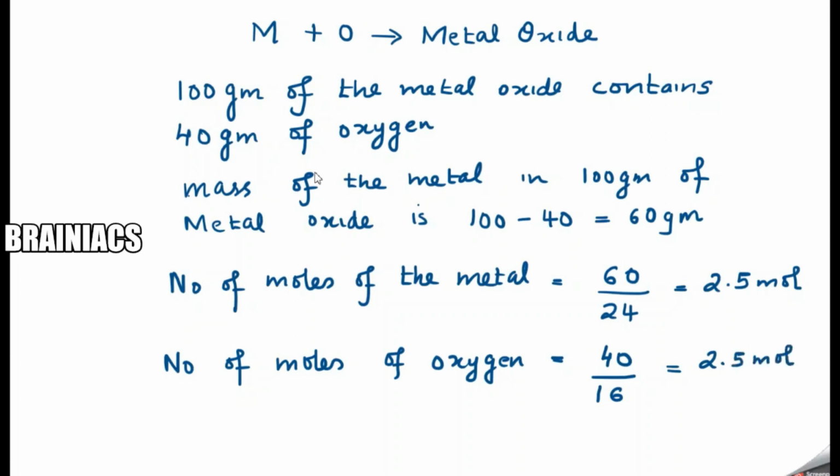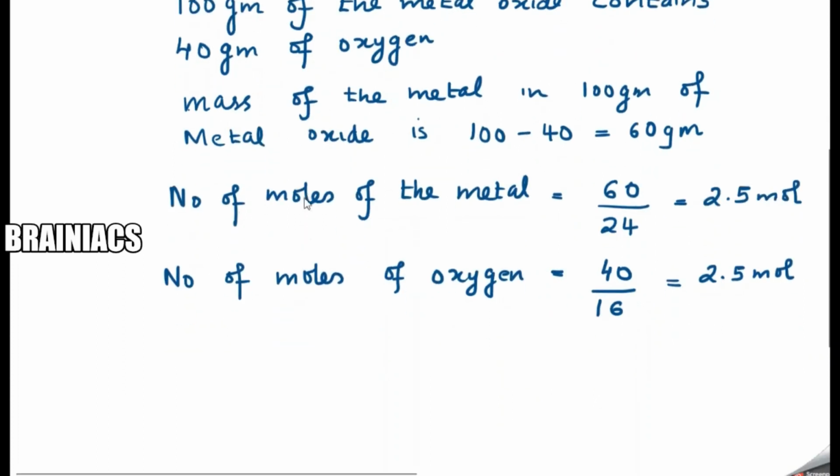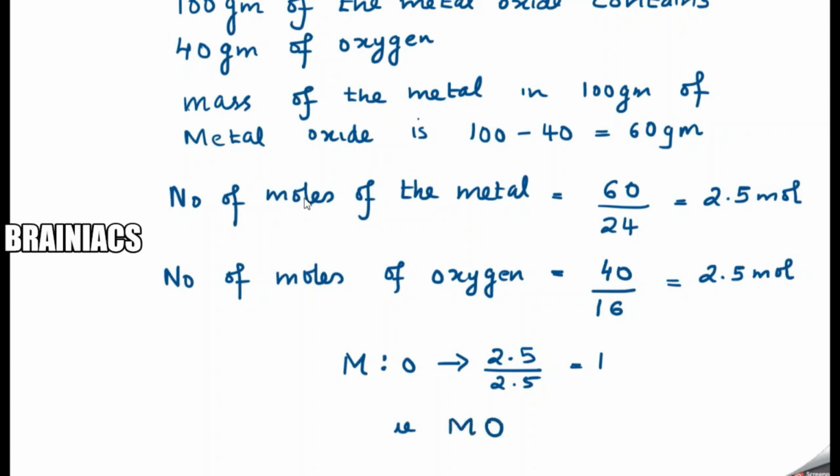So what does that mean actually? You have 2.5 moles of metal and 2.5 moles of oxygen. So what will be its simplest formula? Both will get cancelled. The metal to oxygen ratio is 2.5 divided by 2.5, that will become 1. So my simplest formula is MO.